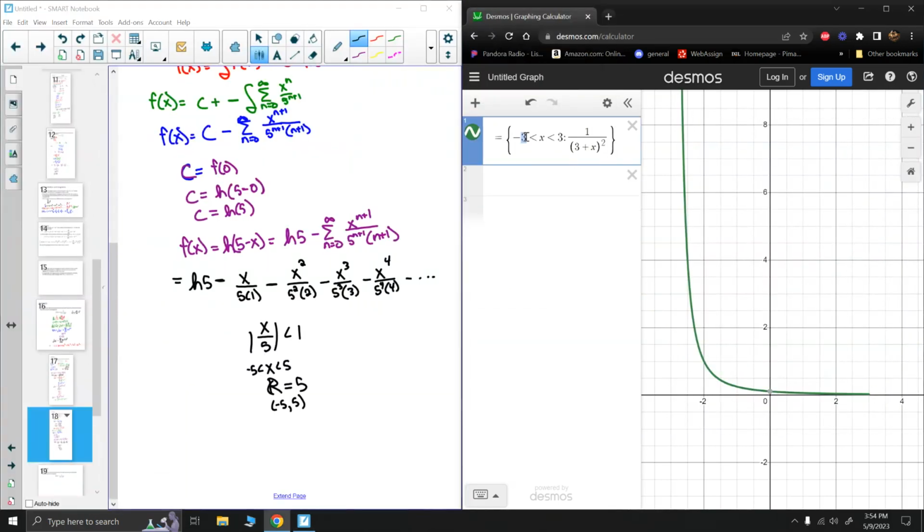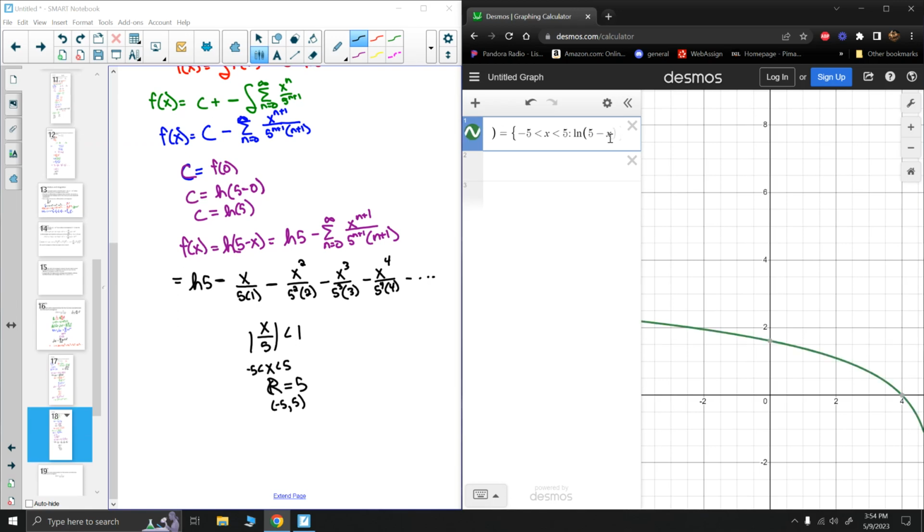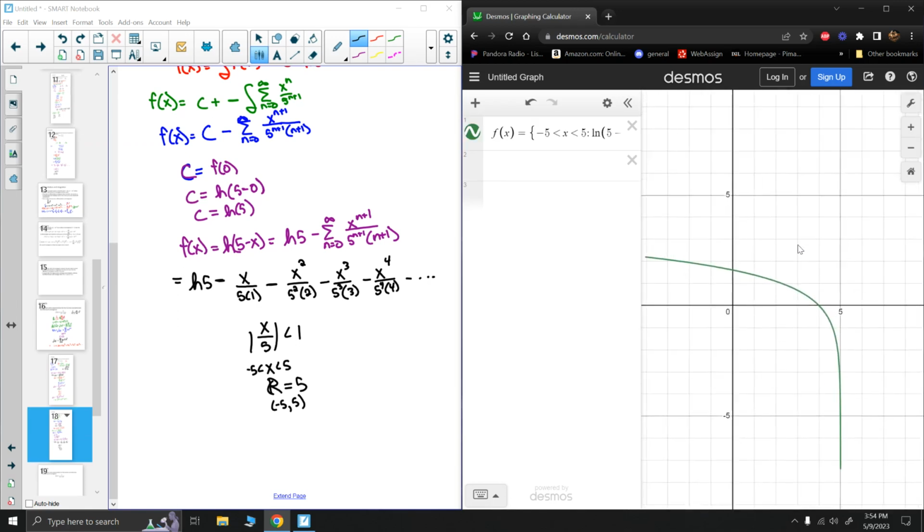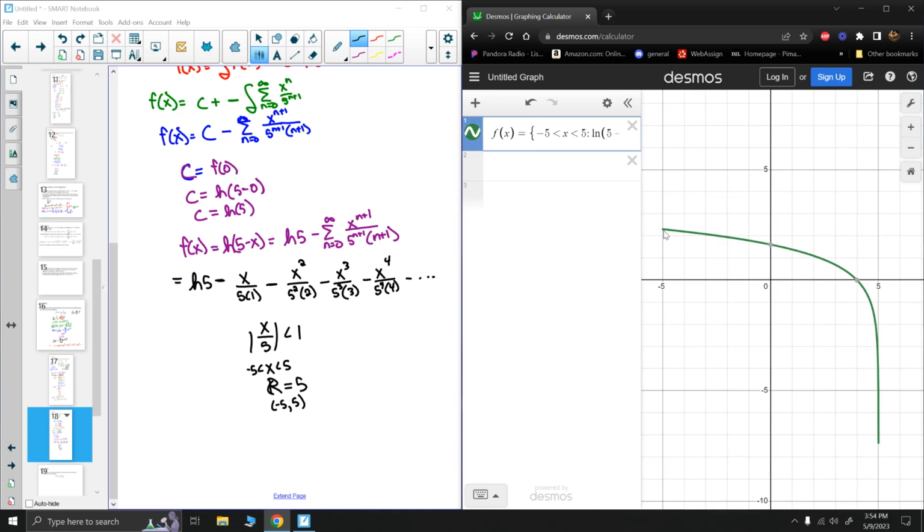But for us, let's just worry about checking this thing. Okay, so it's from negative 5 to 5, and we're talking about ln of 5 minus x. First of all, in our function in general, negative 5 is undefined. So I would say that it's probably not going to include negative 5 because that would cause an undefined moment anyway.